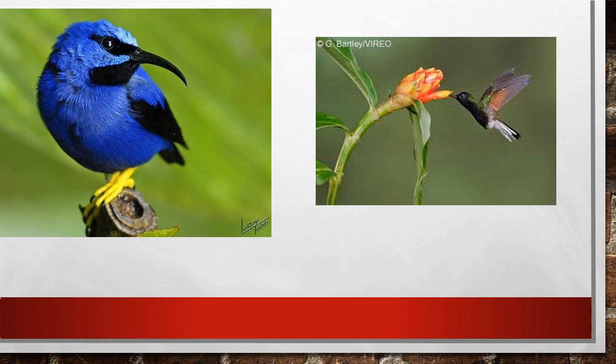Their feet are highly adapted for perching. They can also use their wings to freely balance in air near flowers while sucking nectar from the flower. That's on the second picture.